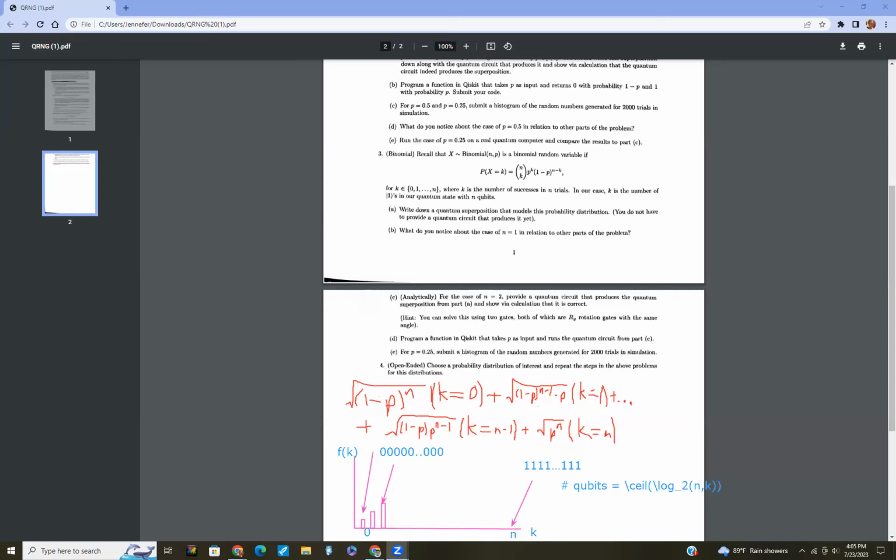Multi-qubit states on the computational basis have weights on labels. That's my interpretation of it. You're computing classical weights, and then you're making a quantum circuit that applies those classical weights depending on which of these computational basis states you're operating on.